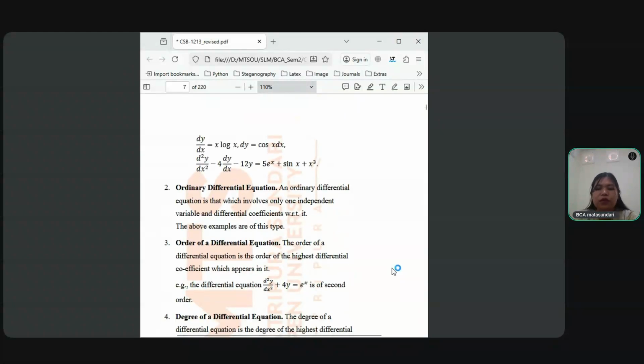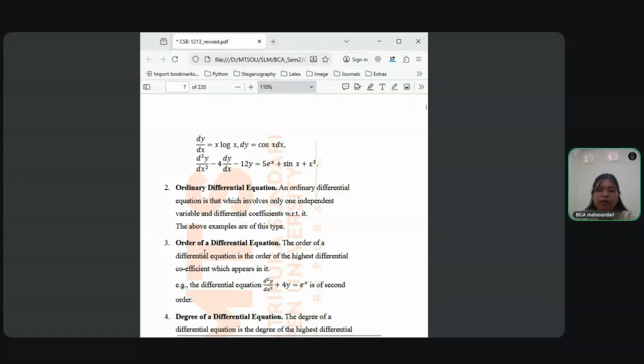Next is the ordinary differential equation. An ordinary differential equation is one which involves only one independent variable and differential coefficients with respect to it. The above examples are of this type, ordinary differential equations.